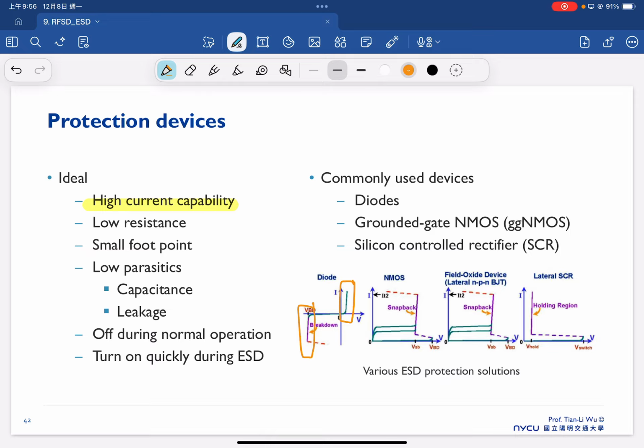So high current capability and low resistance is a very necessary requirement for our ESD protection device. Therefore, we can even consider using the NMOS here, and also the lateral SCR here. These are all devices that have high current and low resistance.